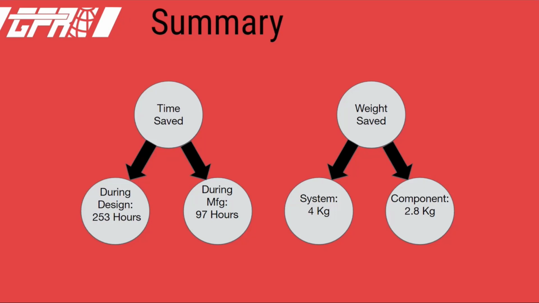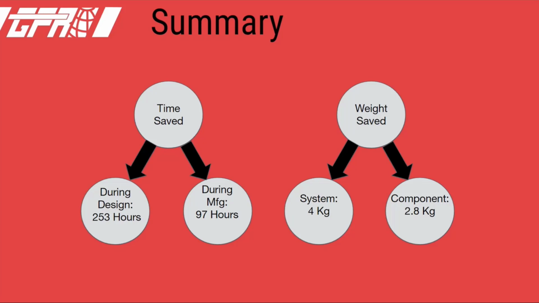In summary, GFR has experienced massive gains and savings by collectively using all of the software tools mentioned above. In total, our team was able to save 253 hours during our design process, as well as 97 hours during our manufacturing process through the team-wide implementation of these software tools, as well as the use of integration between said tools.